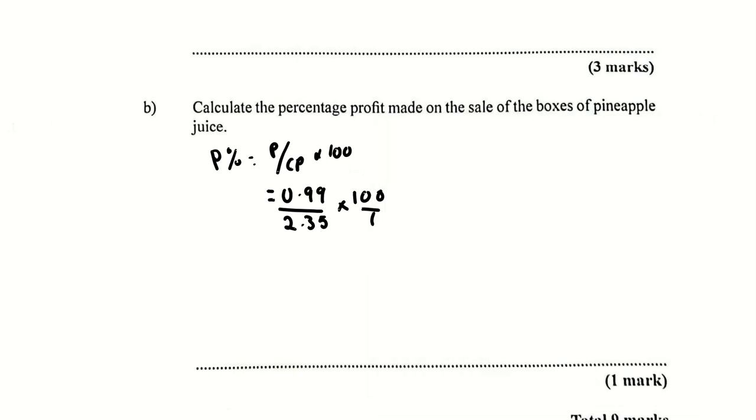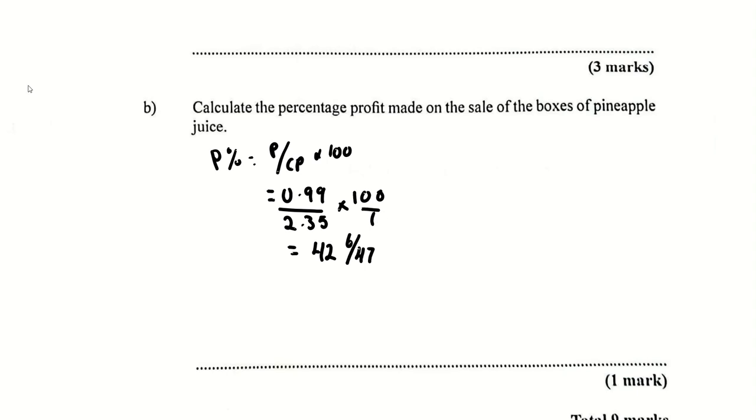So this is 42 and 6 over 47. Let's make sure. Yeah, 6 over 47%. And that would be your percentage.